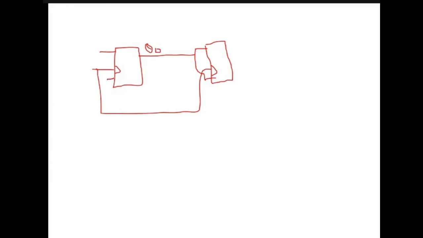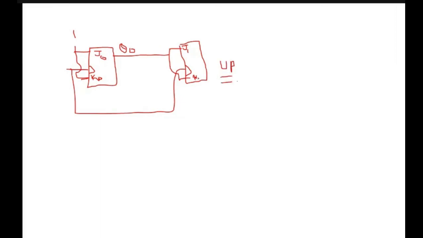So circuit will be something like this. This will be 1. This is my J0, K0. This will be J1, K1. And we said J1, K1 is equal to Q0 for up counting. What did we study in down? J1, K1 will be equal to Q0 bar for down counting.